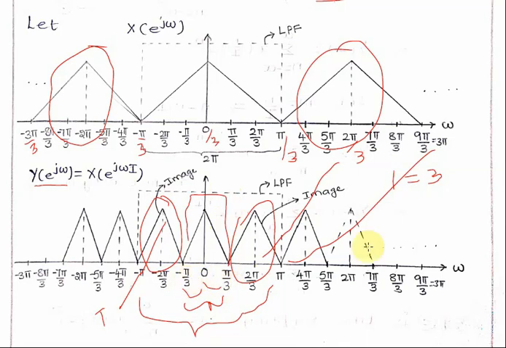This 3 we have taken from here, I. In general, the bandwidth of the low pass filter must be minus pi by I to pi by I. To eliminate these images, we need to use an anti-imaging filter, that is a low pass filter with bandwidth minus pi by I to plus pi by I.